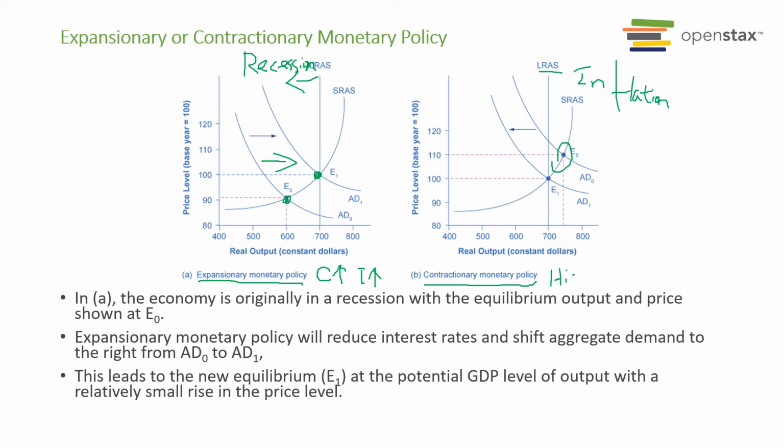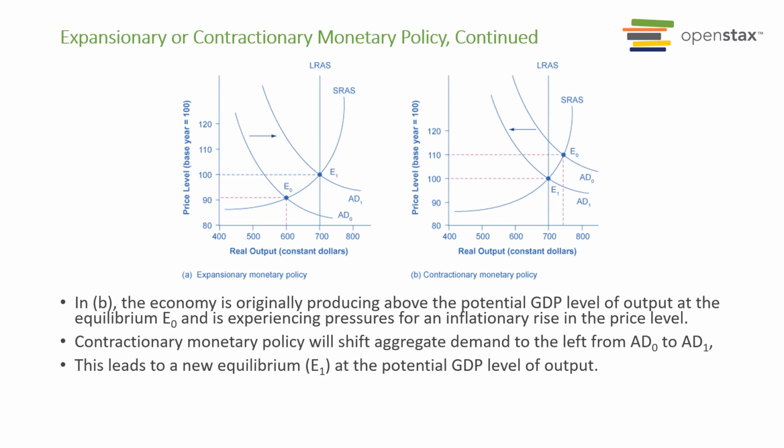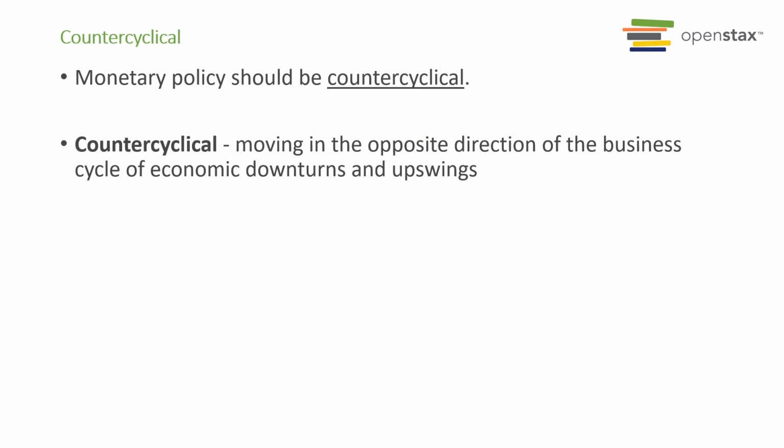With a higher interest rate, we're going to see low consumption and low investment, and the aggregate demand curve is shifted to the left, and I'm going to end up back at our long run potential. So we push the economy back to where it should be, right? This is our expansionary policy and our contractionary policy.